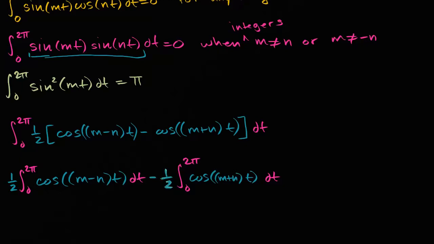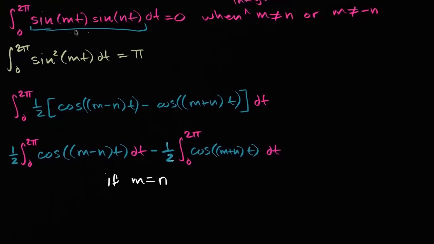So if we assume, in the case of sine squared of mt, that m is equal to n, then what happens here? Remember, this thing I wrote in green is just this top one where m is equal to n. If m is equal to n, well, this second integral right over here is still going to be a non-zero integer coefficient.